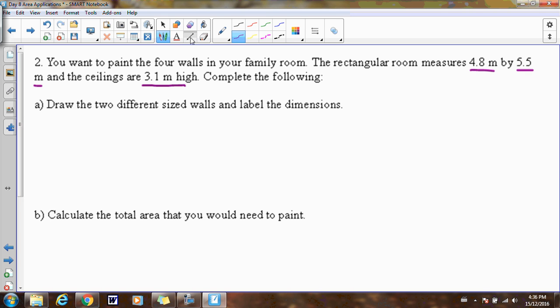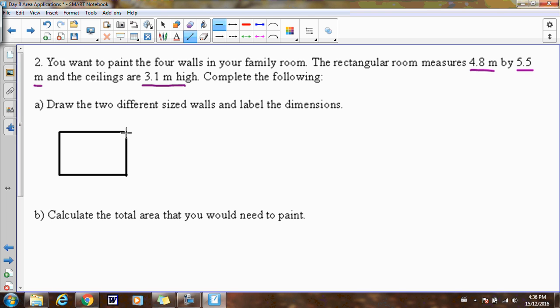Remember, the walls of the room are in the shape of a rectangle. So if you think about it, the first wall in the room will be 3.1 meters, because that's how high the wall is, by 4.8 meters, because that's the length of the room.